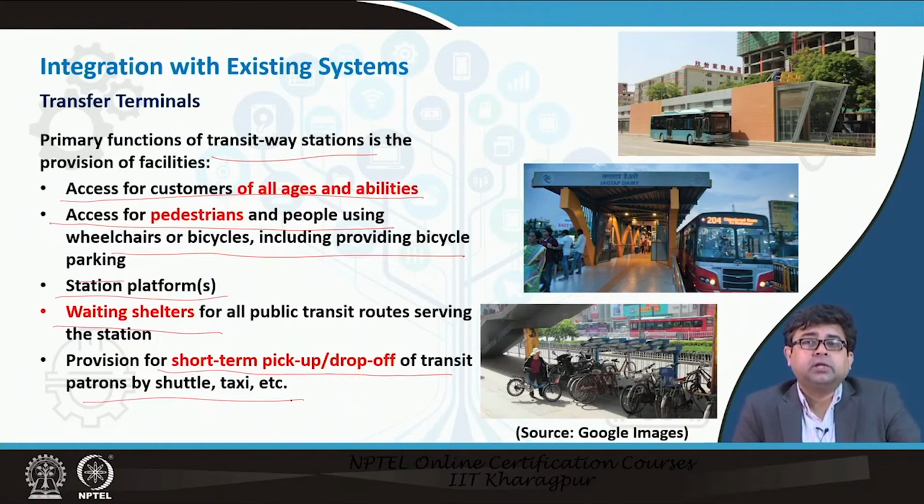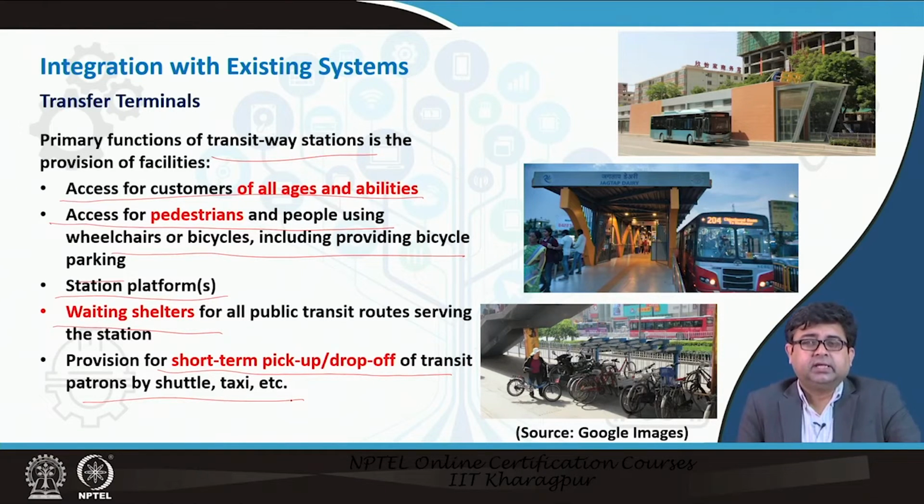The other thing that people are usually against providing at stations is permanent parking, because what that allows people to do is drive to these metro stations or BRT stations, park, and then take the metro or the BRT.